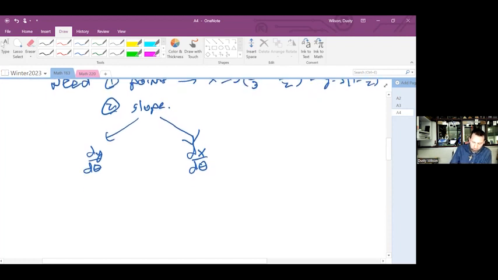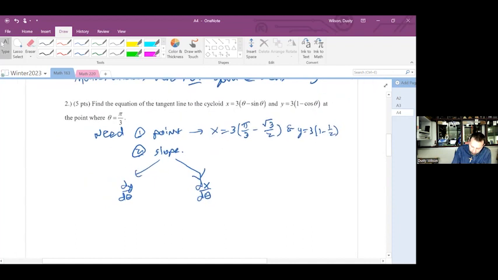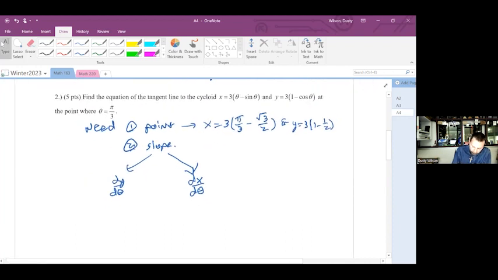So dy d theta, the derivative of cosine is negative sine, so this would be 3 sine theta.